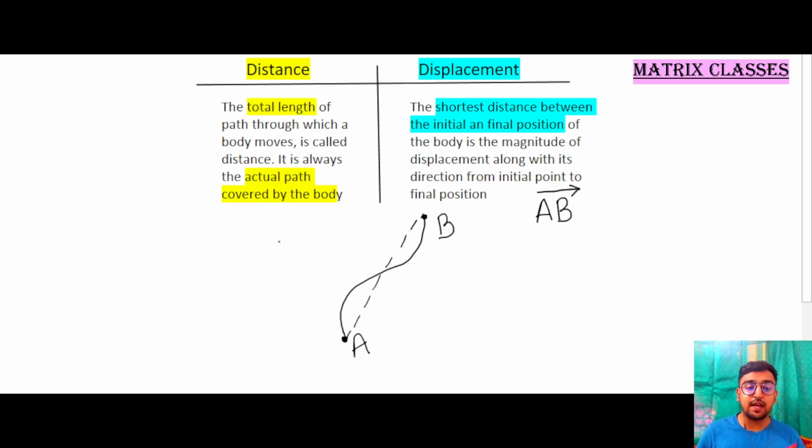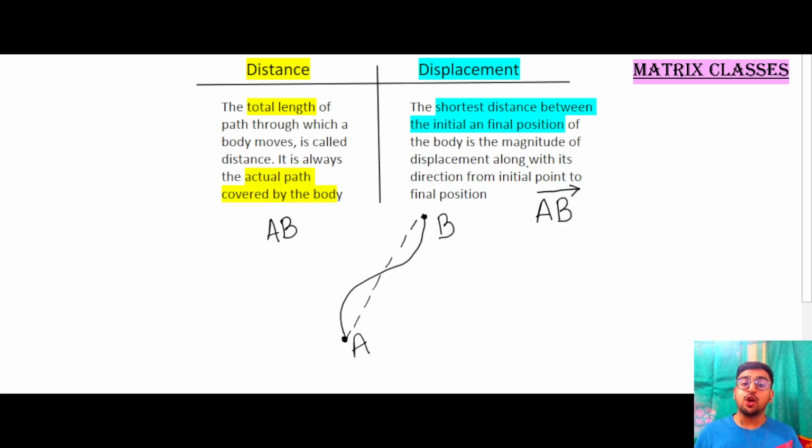Distance is written the same, AB, but because it does not have any direction, we will not give any arrow. Any vector quantity has a direction, and the direction is from the initial position to the final position. So AB with the arrow above is the displacement.